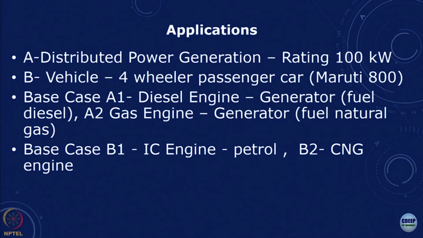We can have the diesel engine generator, or we can have a gas engine fired by natural gas, and in the third case we can have essentially a hydrogen based option. So these are the base cases. We can compare them with a fuel cell hydrogen option. In the second case, for the vehicle, the base case can be IC engine for petrol or diesel, and our second base case could be CNG engine.